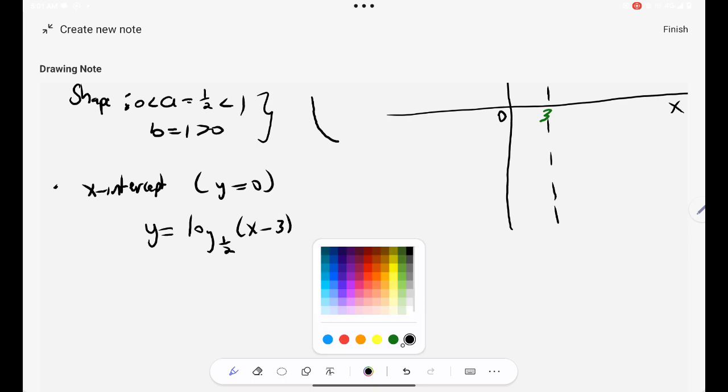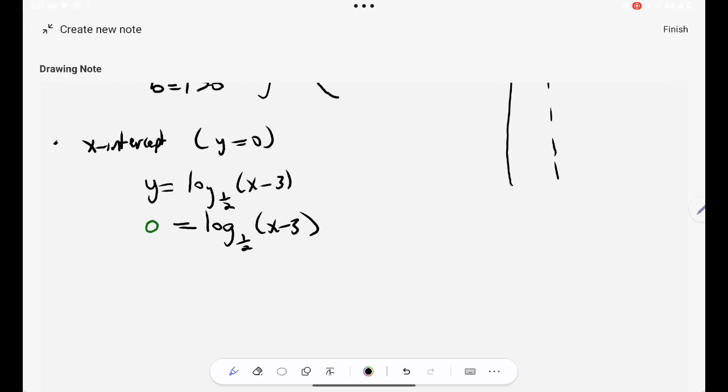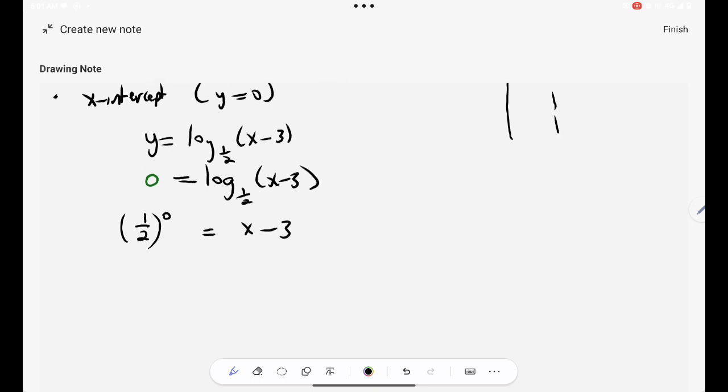If I make y 0, I'll have this now, and then to remove the log, I must take the base of half and it will become the base here. Whatever was on the left hand side will be the exponent. Then I'll be left with x minus 3. Anything to the power of 0 is 1. Then x is equal to 4. I know that my graph will pass when x is equal to 4.